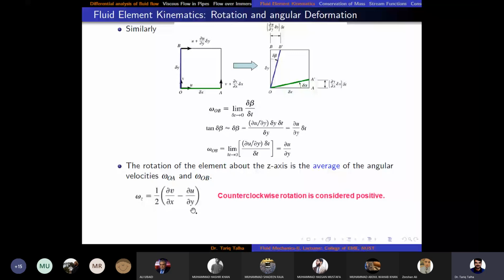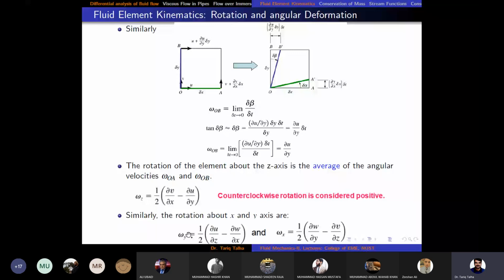Similarly, we can find the rotation component about the y-axis and x-axis. If we follow the same procedure, we can find the values of omega y and omega x.